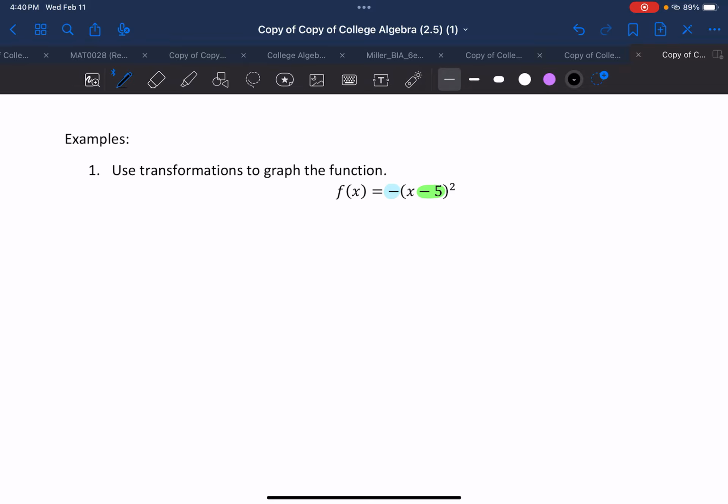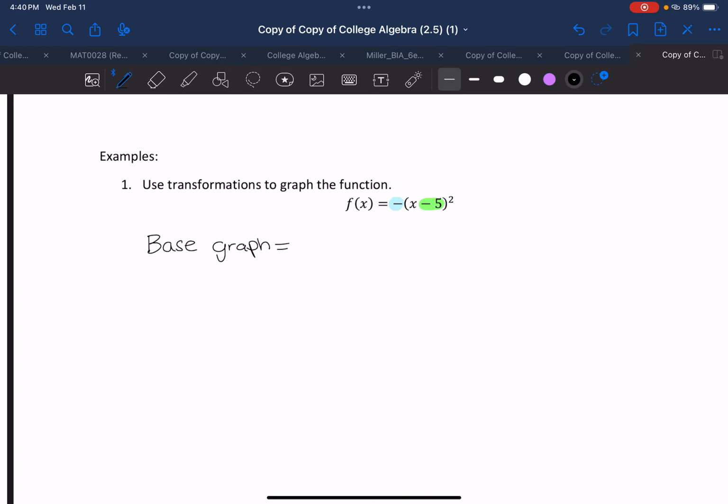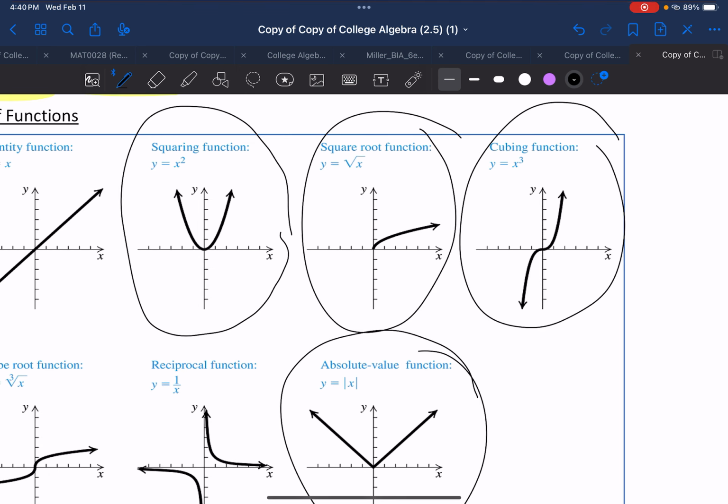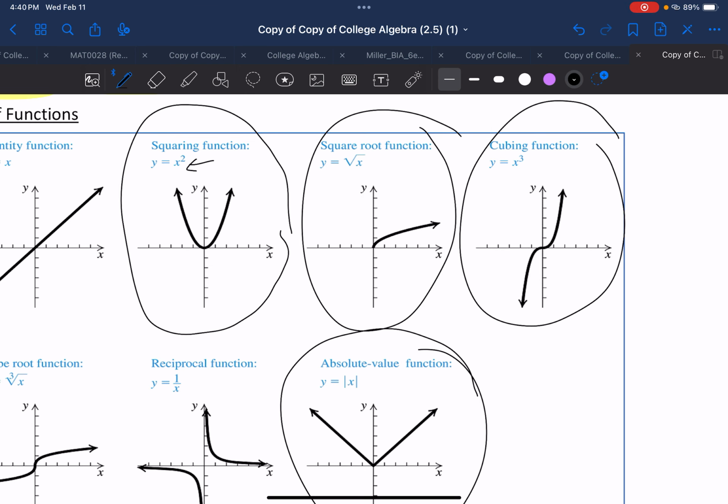And the first thing I would need to know is what is the base graph that they used to build this. So I think about my library of functions, and I compare with the equations. So the squaring function is x squared, square root of x, x cubed, or absolute value of x.